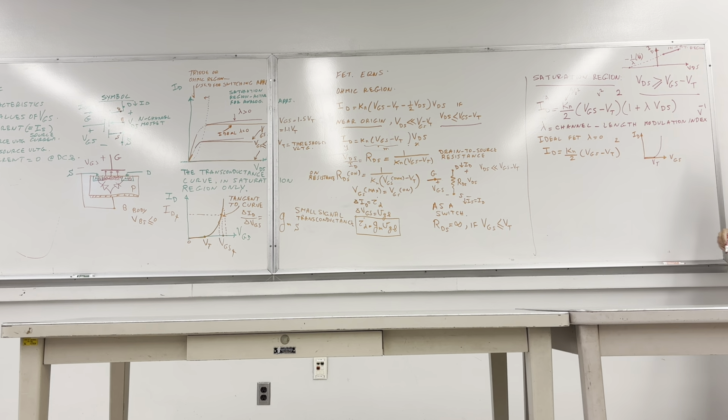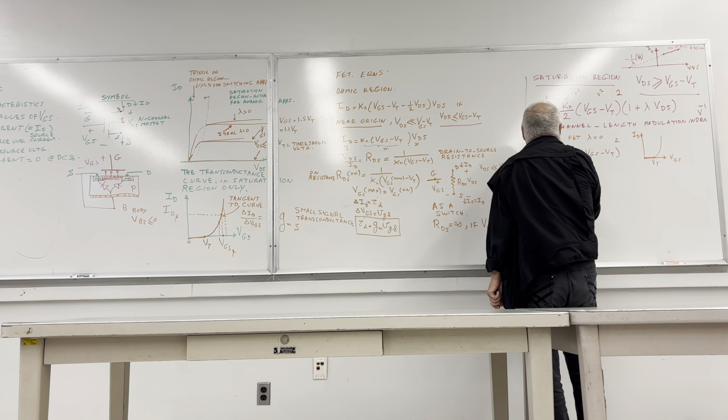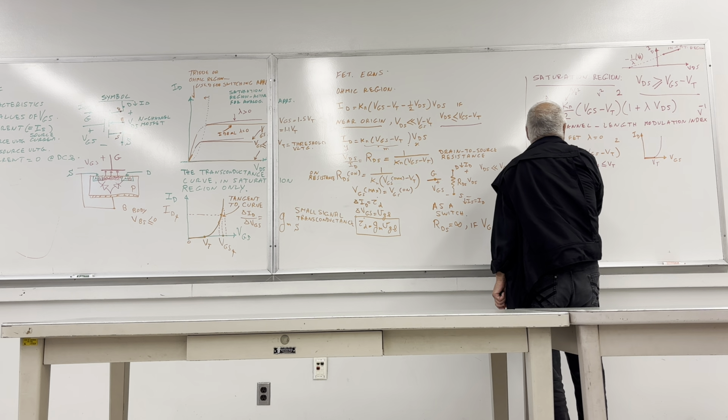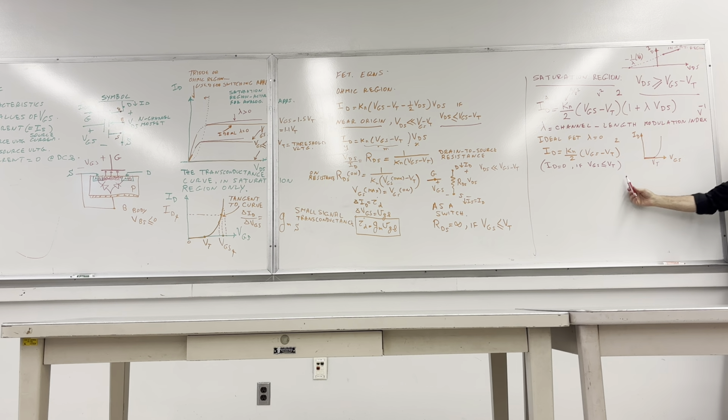In this equation, ID will be equal to 0 if VGS happens to be less than or equal to VT. ID will be 0 if that condition applies. This allows for the fact that gate to source voltage has to exceed a threshold for this parabola to follow. So you have no parabola here if VGS is less than VT. You have to be careful about it.